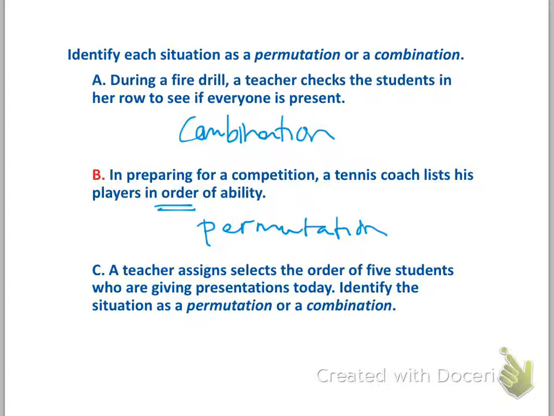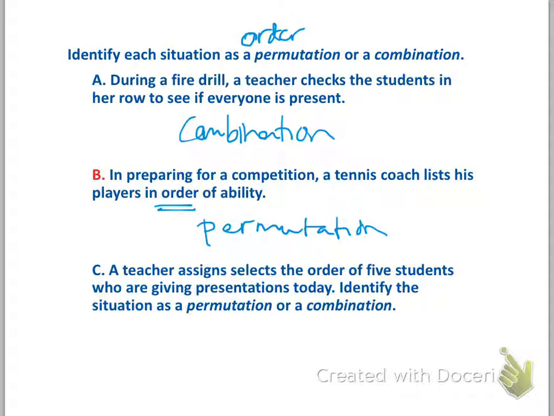Well, for me, I know that O is right next to P, and so order is a permutation. Okay? Because I will label those equations as the permutation and as the combination, and you know which one is the one you use for order and which one's the one you don't use for non-order.